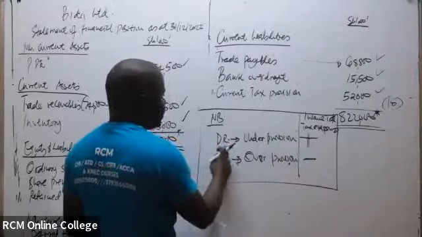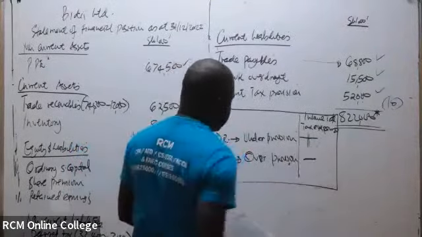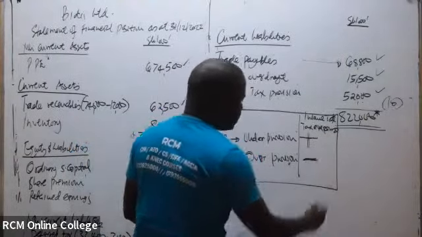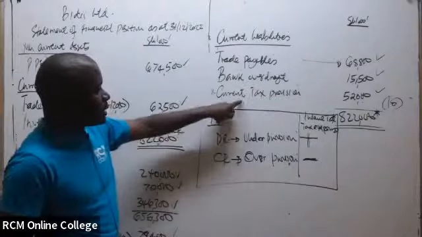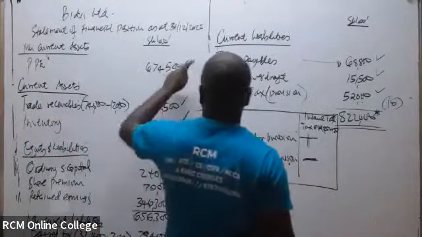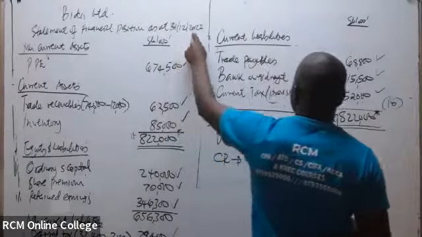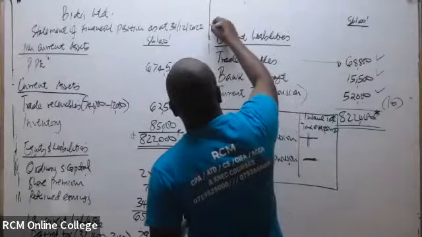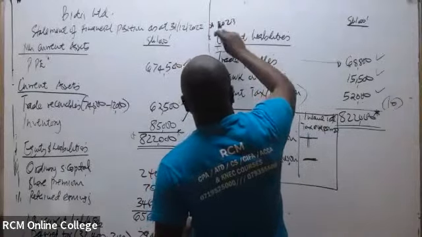So if it's on the debit side, it is an under provision, you add. If it's on the credit side, it is an over provision, therefore in this case, you deduct. Remember, for this particular tax, they make a provision. Like in this case, this one is 2022. They won't pay it in 2022. They'll pay it in 2023.